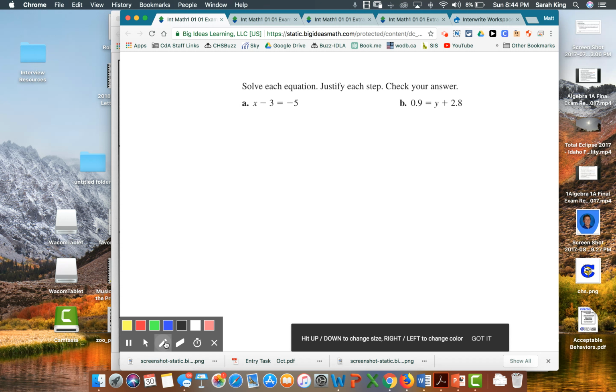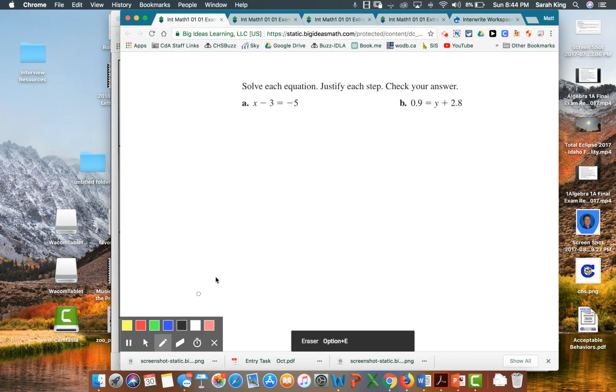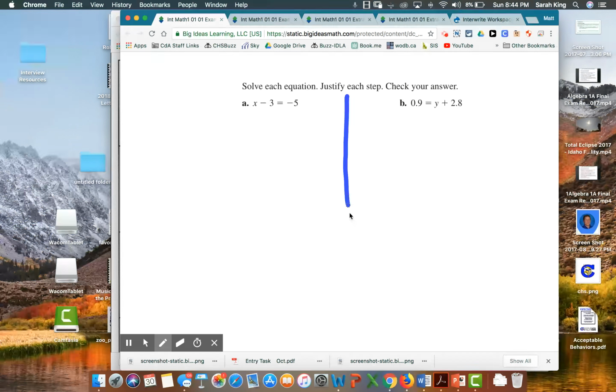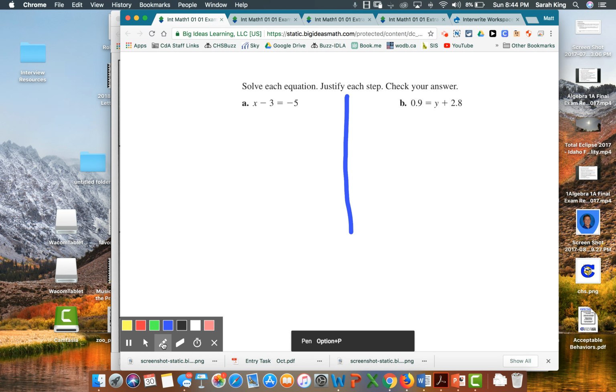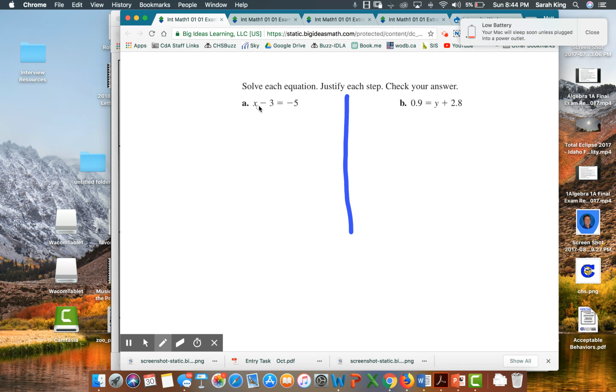I do have an example right here, and let's work through two of these examples. This first one, part A, says x minus 3 equals -5. Whenever we have an equation with an equal sign, we need to try to get the variable all by itself.